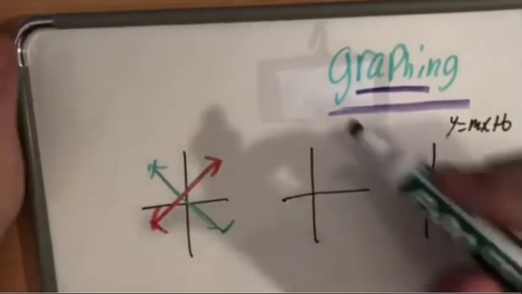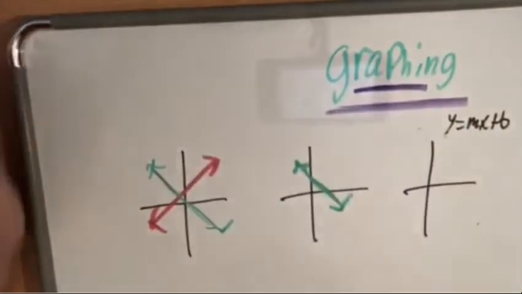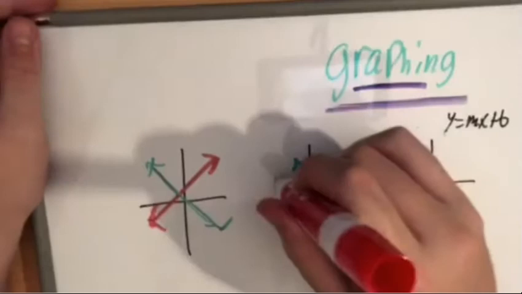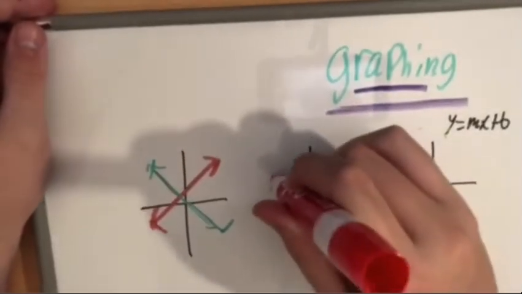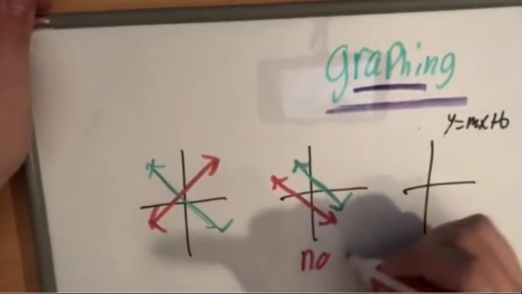Or we have parallel lines that do not touch, and that is called a no solution, and we write that as such.